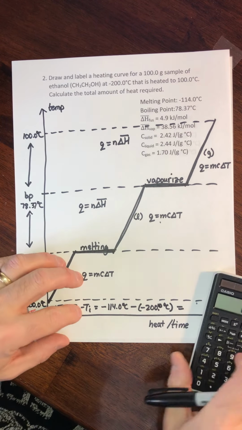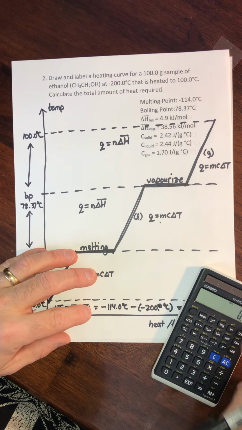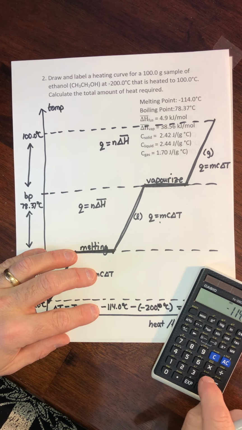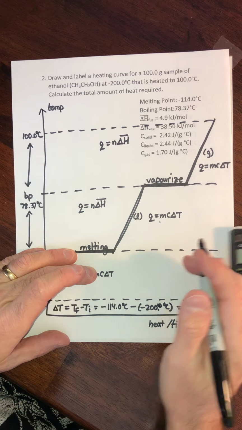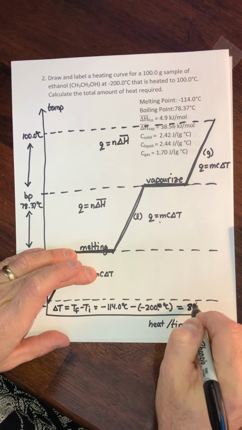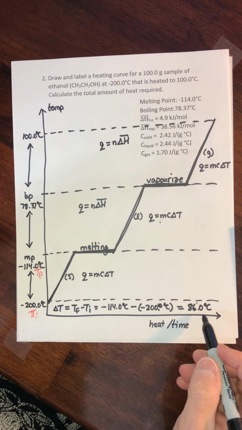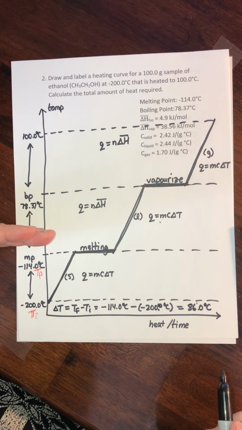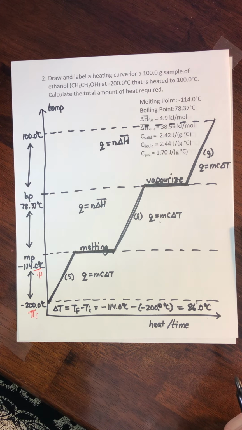Now, you do have a negative, but that's okay, that'll give you a positive. So negative 114 plus 200 gives me 86. So that is an 86.0 degree change. Am I happy with the 86? Yes, because the temperature did go up, so that gives me a nice positive temperature change.